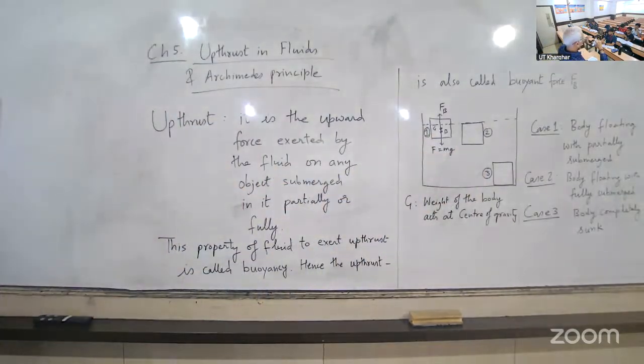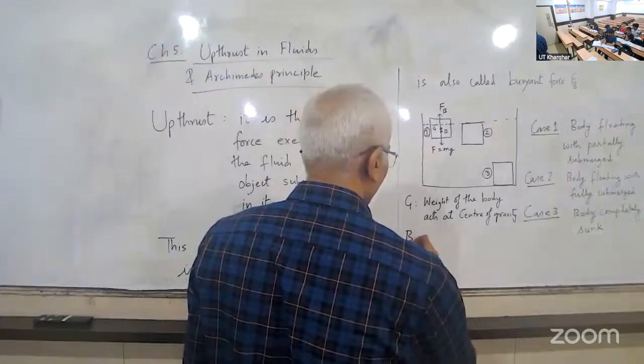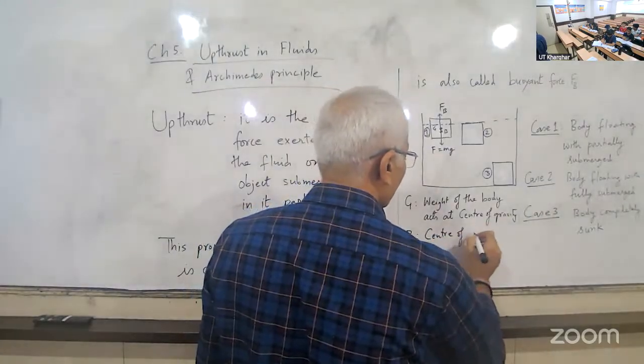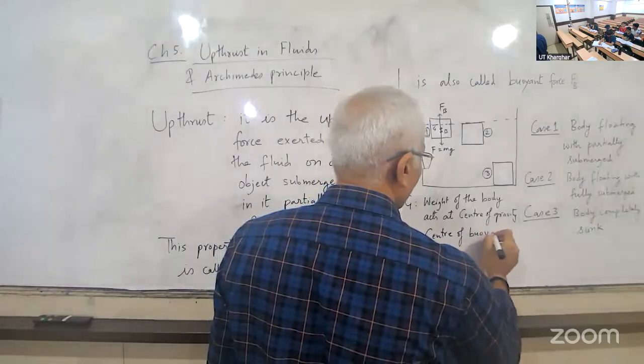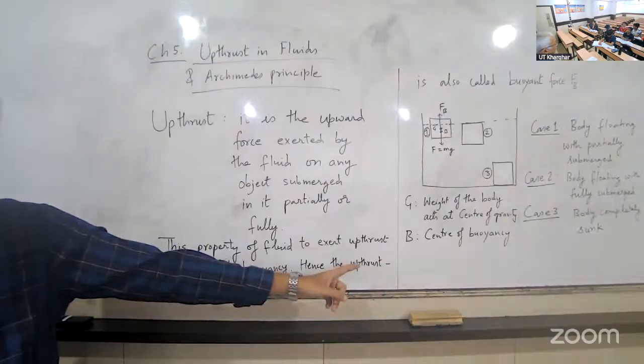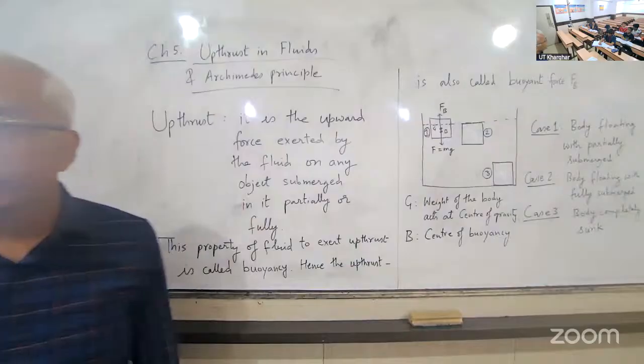If it is a cube, take the intersection of diagonals. Wherever the diagonals intersect, that is the center of gravity. Whereas what is B? Center of buoyancy. Your buoyant force acts at the center of buoyancy.